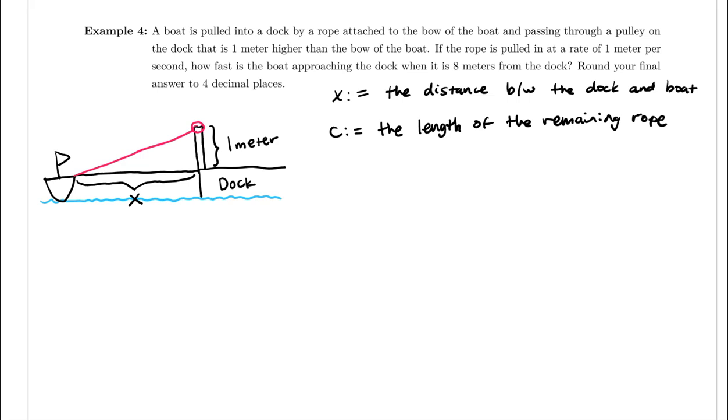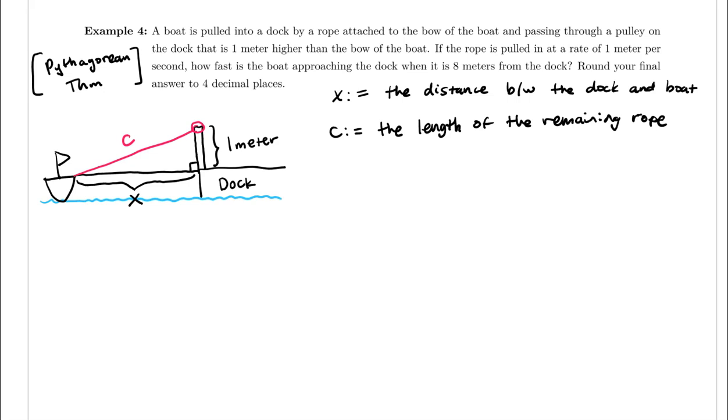And so in my picture, c is this pink thing here, that length or distance, whatever you want to think about it as. Okay, so something you might notice is that this thing here is a right angle, and so likely this will be a Pythagorean theorem question since we have a right triangle. But let's check it out.